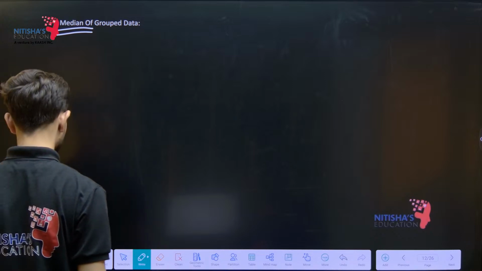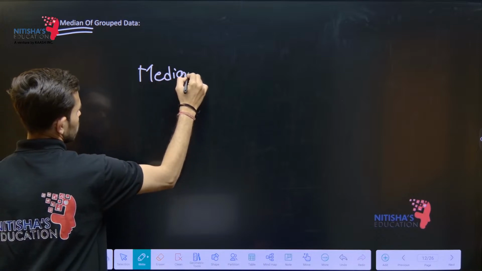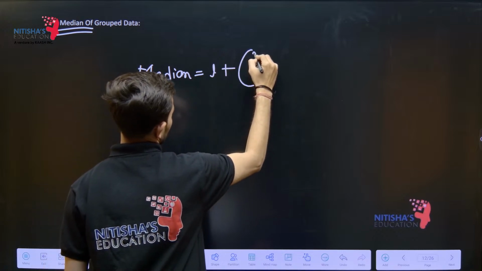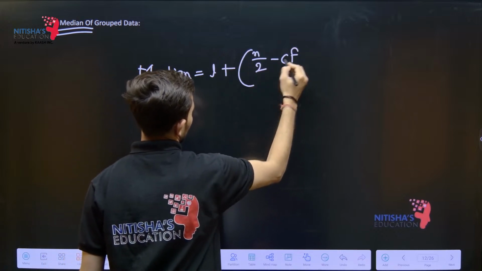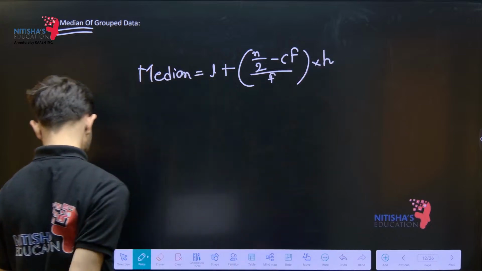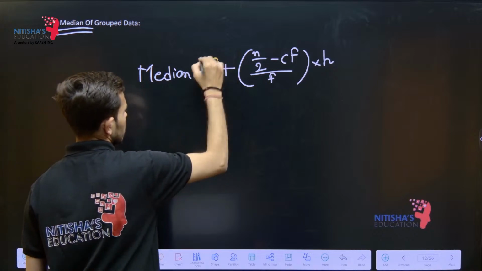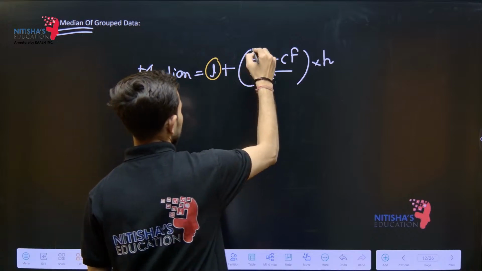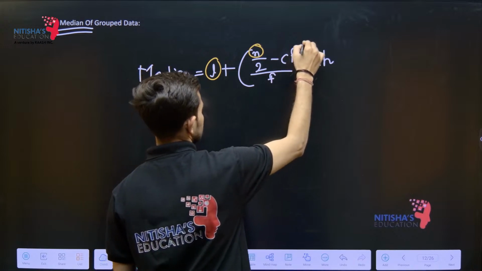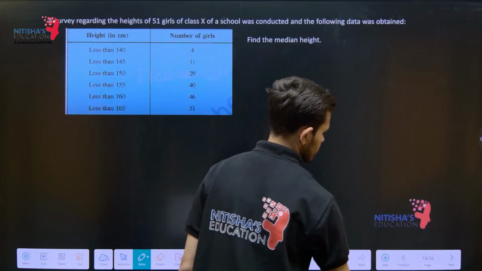Median is found by the equation: median is equal to L plus (n upon 2 minus Cf) upon F into H. So this is the equation to find the median, where L is the lower limit of the median class, n is the total number of frequencies, Cf is the cumulative frequency and H is our class size.